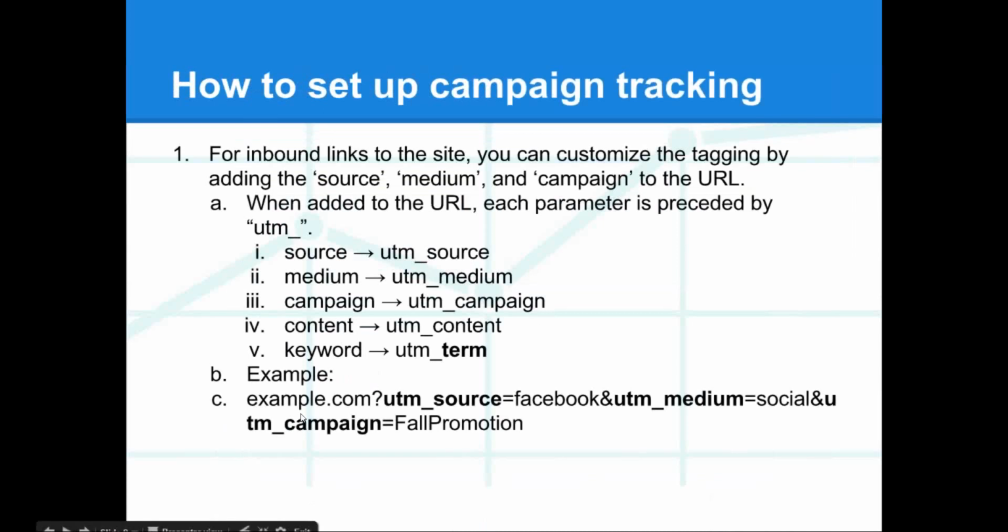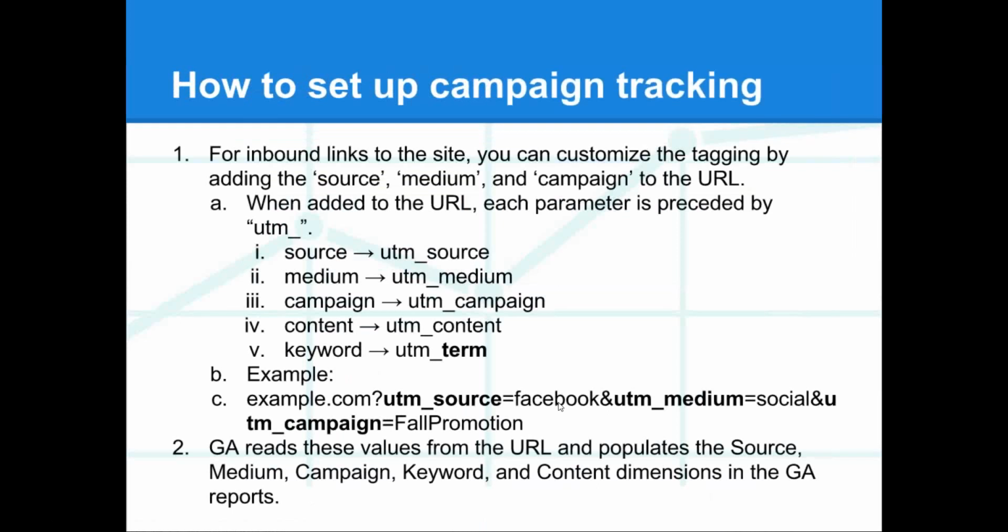As an example, if I were directing people to my site, example.com, to tag how those users arrived at example.com, I would use a question mark and then populate my different parameters. So I have UTM underscore source is Facebook, ampersand, UTM underscore medium is social, and then UTM campaign as fall promotion.